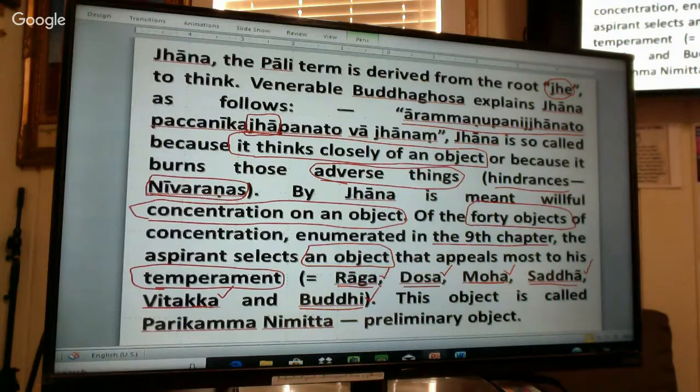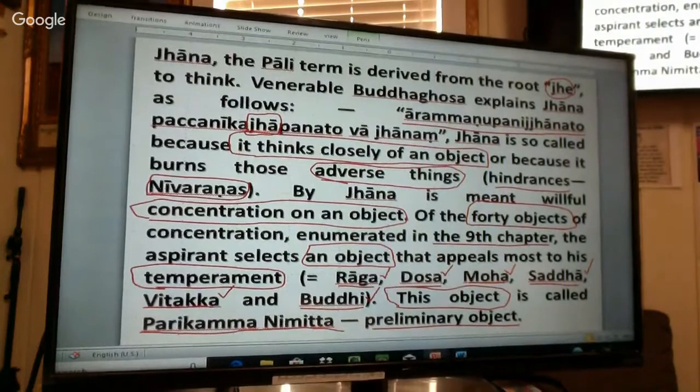So according to these different temperaments, they choose the meditation object. When they choose according to their temperament, that object we call Parikamma Nimitta. Parikamma Nimitta is a preliminary object. A preliminary object is like this here.